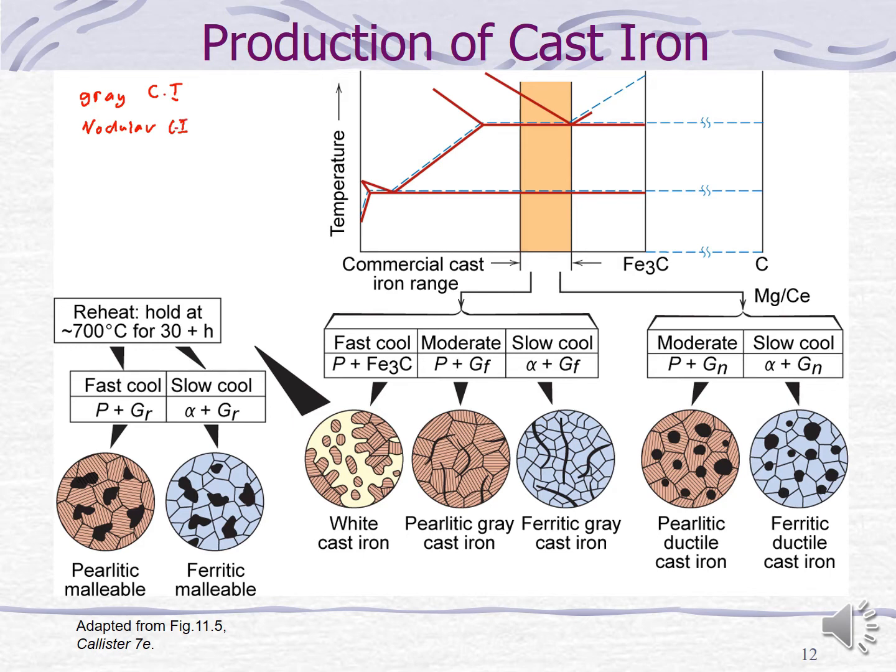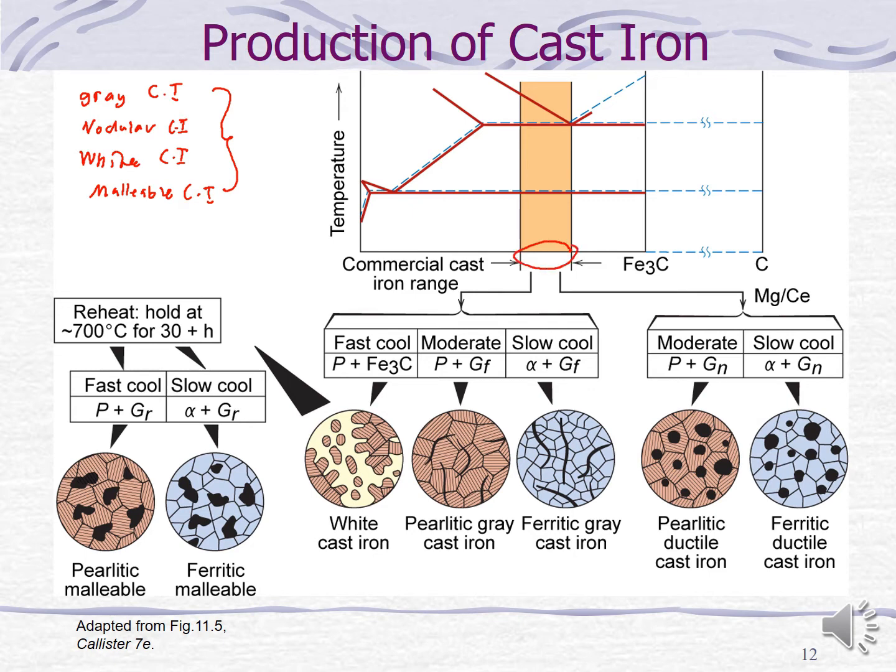Then we have the white cast iron, and malleable cast iron. So from this slide, we can see how these four types of cast iron can be produced. It starts with the commercial cast iron range.